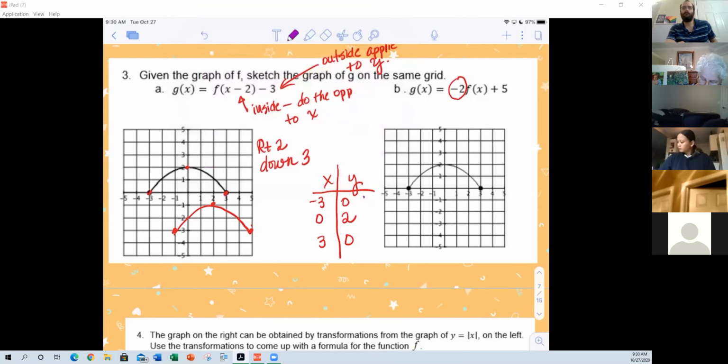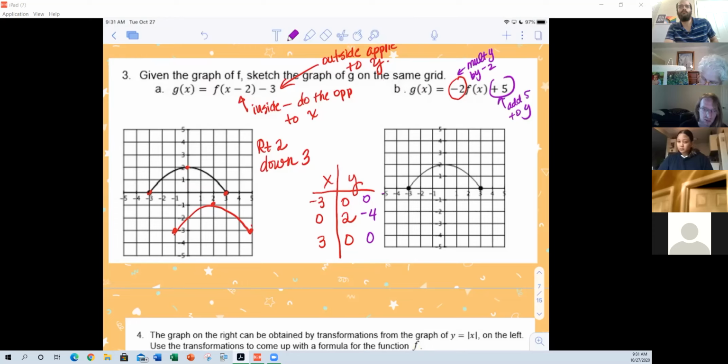So this would stay 0, this would become -4, and this would stay 0. And then what would we do? Add 5 to the y values. Add 5 to the y, right. So here we're going to multiply the y's by -2, and here we're going to add 5 to the y values.